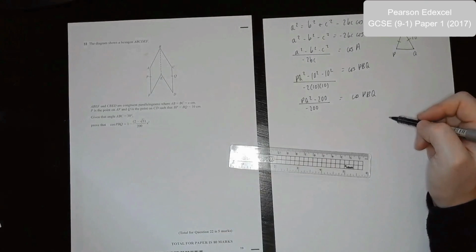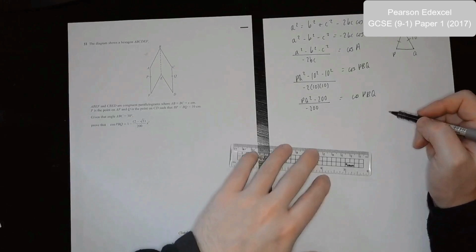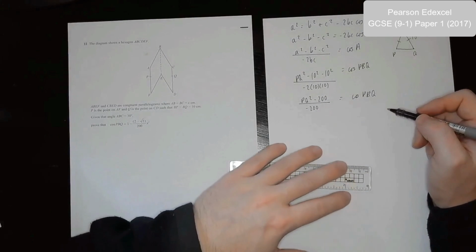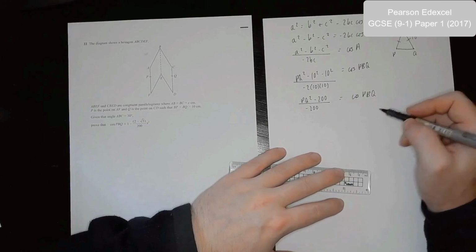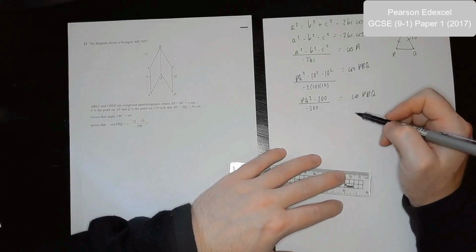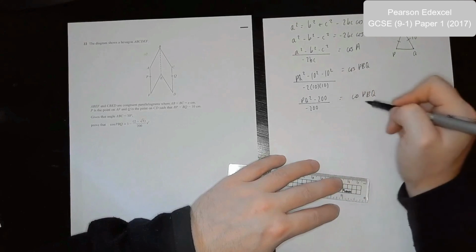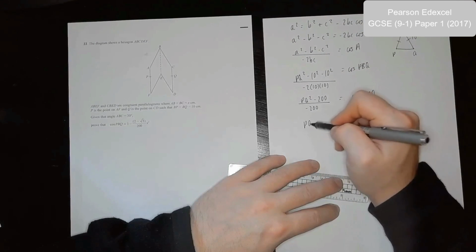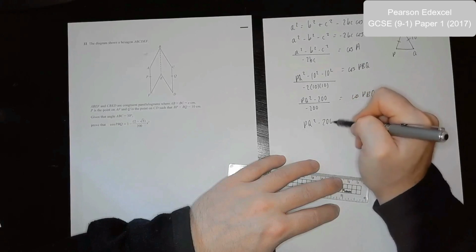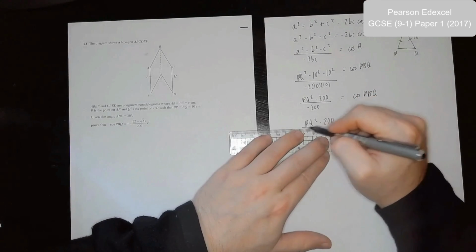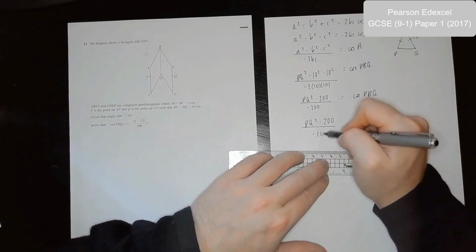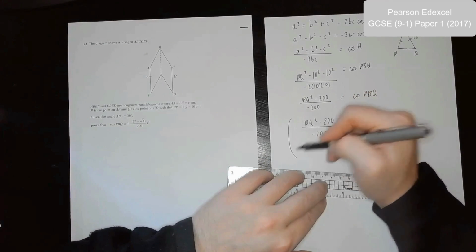Okay, so this is where I got a tiny little bit stuck, and then I kind of cheated. I made the assumption that what we're trying to show was equal to what I'd got so far. So I'm going to put this bit in brackets.